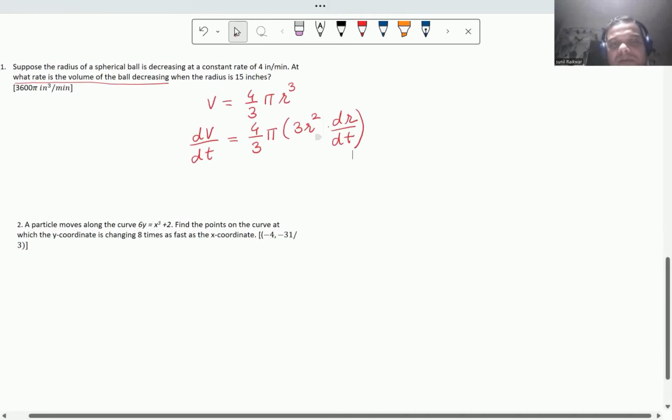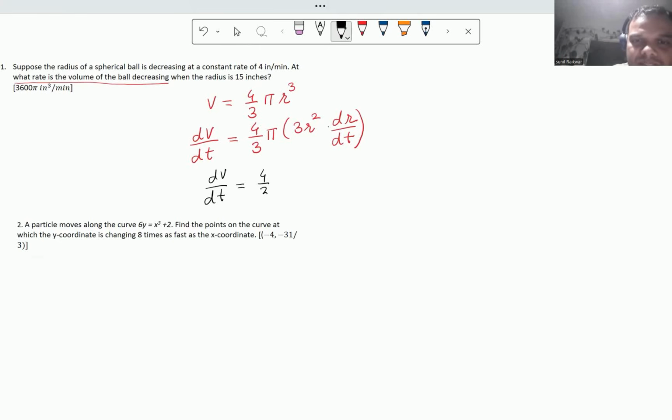Now you have all the values. You just have to put the values in. So dv over dt is equal to 4 over 3 pi. What is the value of r? The radius is 15, so r is equal to 15.